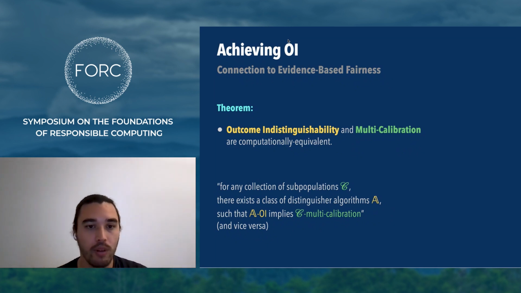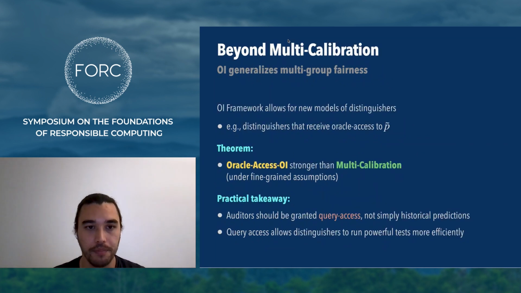By this equivalence, I mean that for any class of subpopulations C, I can construct a class of distinguishers, A, such that A-OI enforces this C multi-calibration, and vice versa.